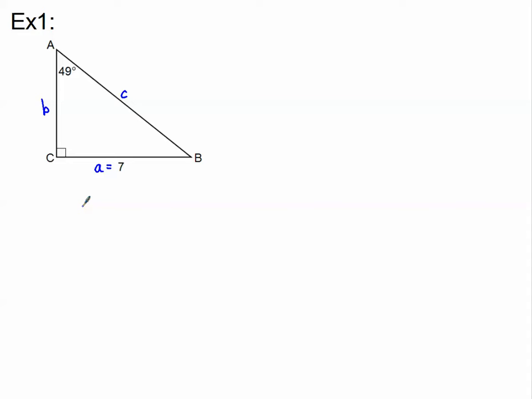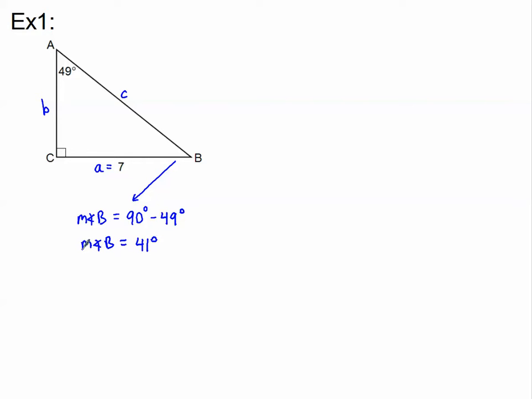Okay, the first thing I'm going to find is angle B, because that's really not that difficult. We know that the measure of angle B is going to be 90 degrees, take away the measure of angle A. And I already know the measure of angle A is 49 degrees, so the measure of angle B is 41 degrees.